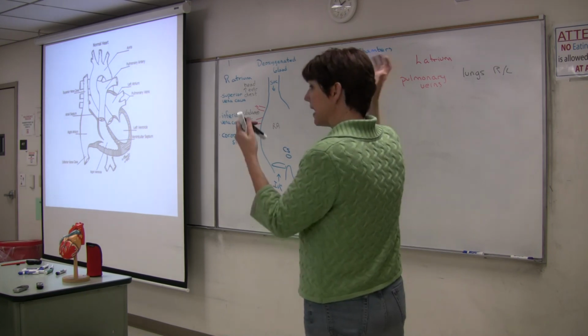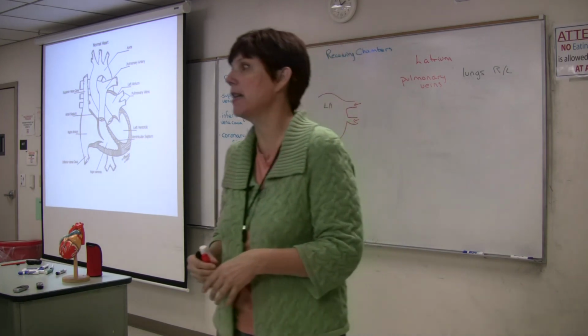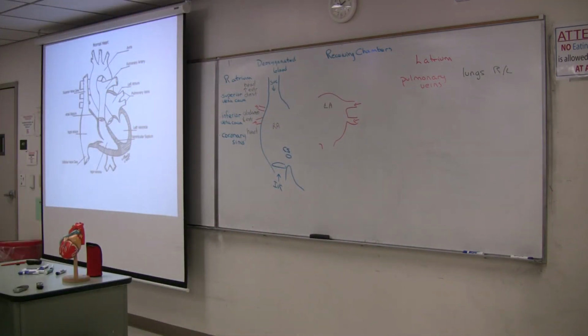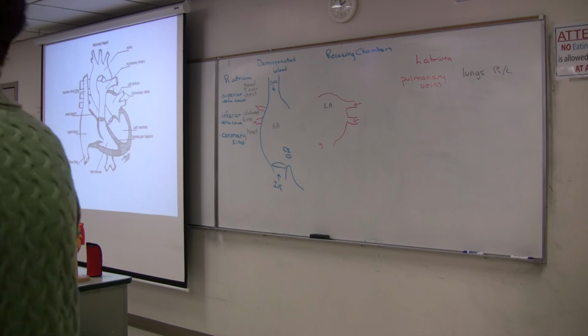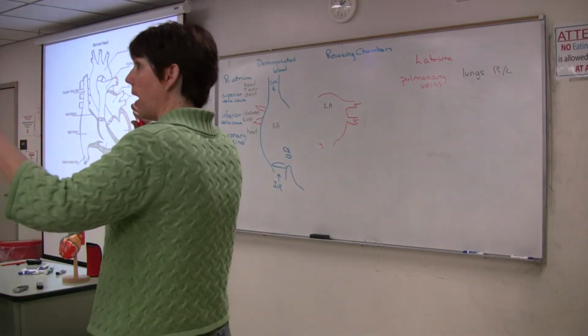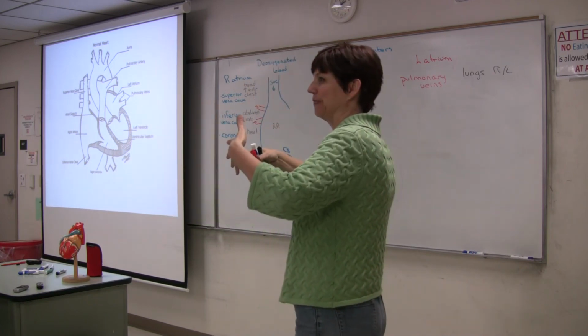So those are the receiving chambers. How does blood flow into what's sending the blood into the atria? What causes blood to move? Pressure, all right? So the origin of this pressure are the ventricles contracting. So the pressure is pushing the blood through the body, through the lungs, back to the heart.